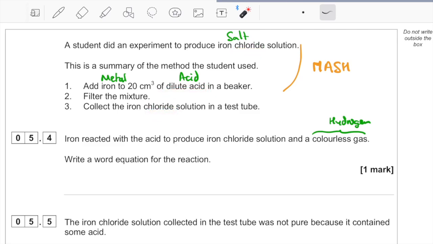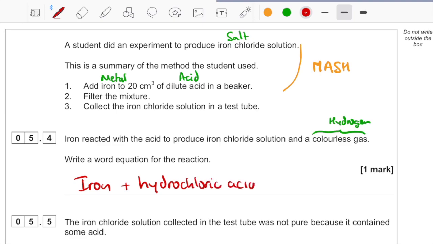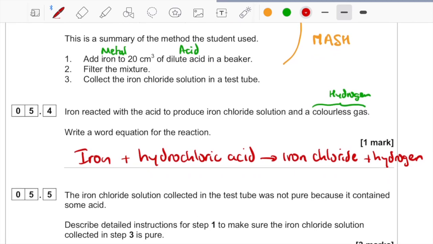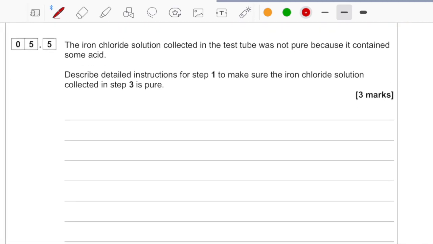It's testing that you can recognize what the acid would be, and what the gas would be. So we are adding iron to hydrochloric acid. We are making iron chloride. And then our colorless gas, which is hydrogen.